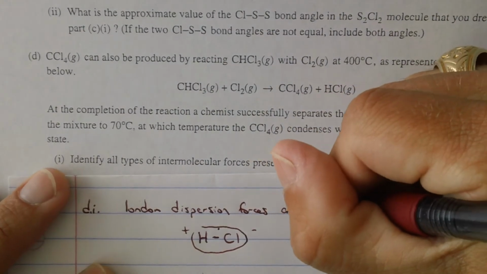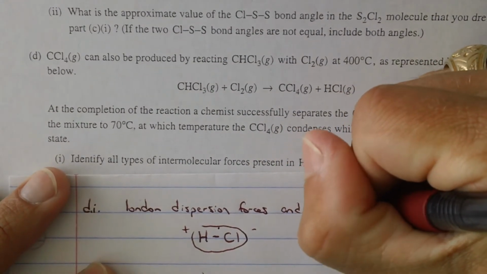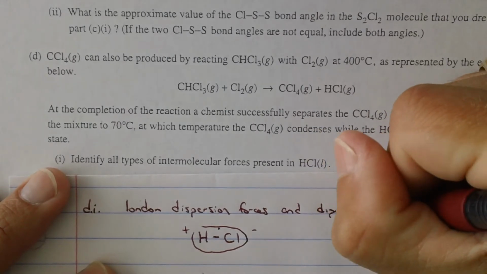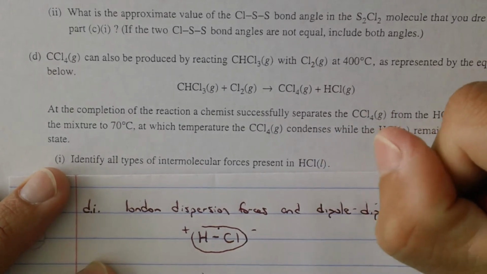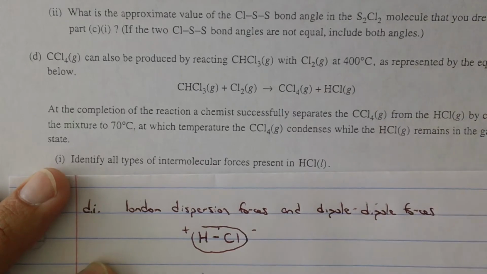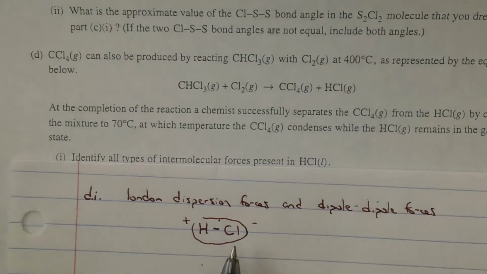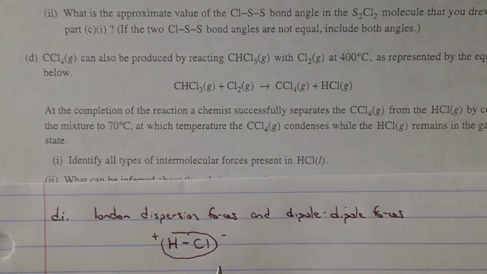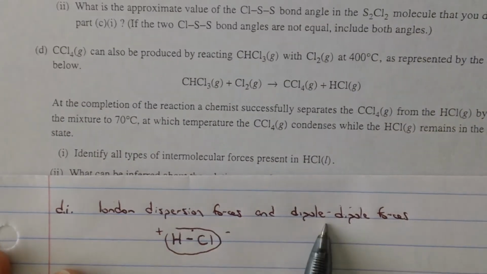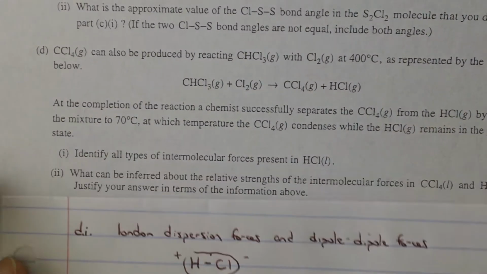And so it also has dipole forces because it's a polar molecule. So London dispersion forces and dipole forces. And that one you get a point for having both of those types. If you only put one of those types, you don't get any point.